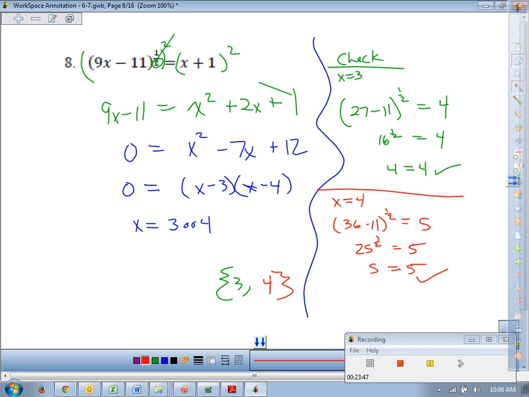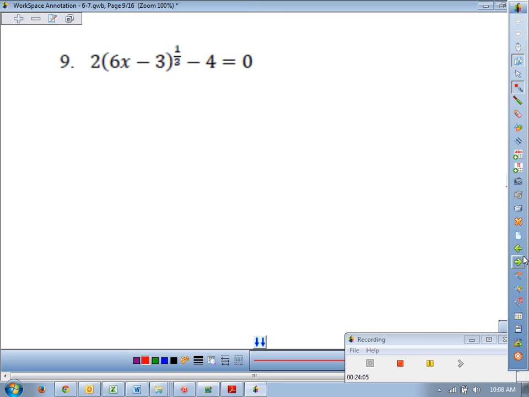Not too bad. The old factoring comes back to haunt us, though. Next, we've got a rational exponent. He's not isolated. Isolate that rational exponent.